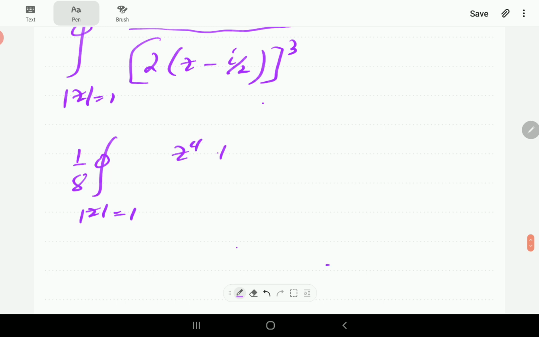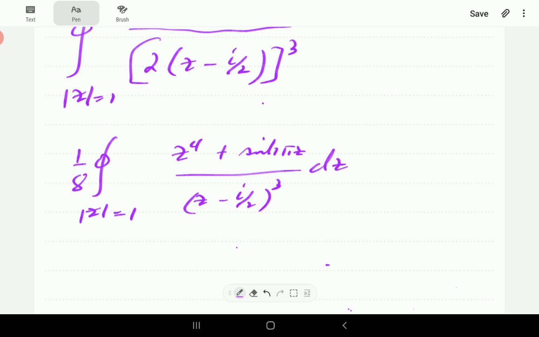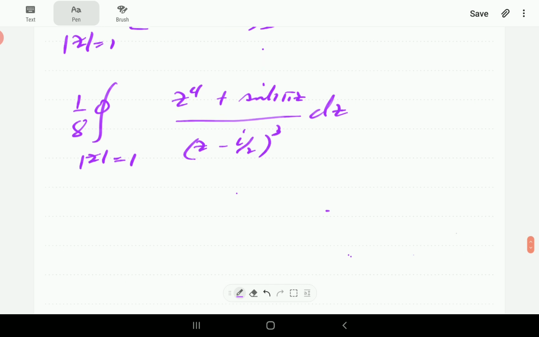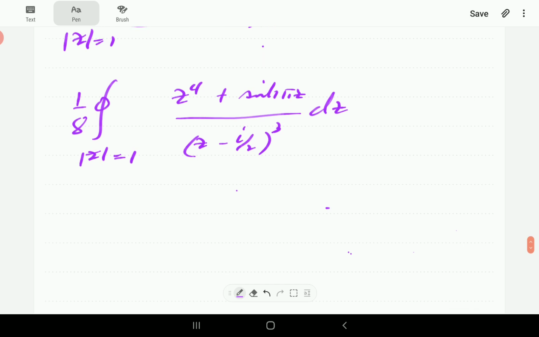It's going to be z to the power 4 plus hyperbolic sine pi z all over z minus i over 2 cubed. This is now in the form given in the Cauchy's integral formula 2, where f of z is equal to z to the power 4 plus hyperbolic sine pi z.